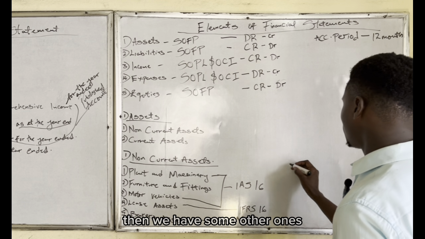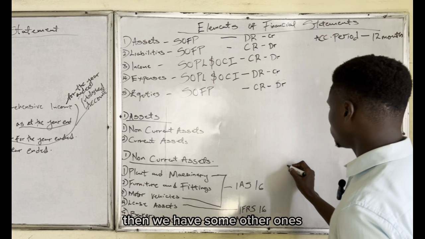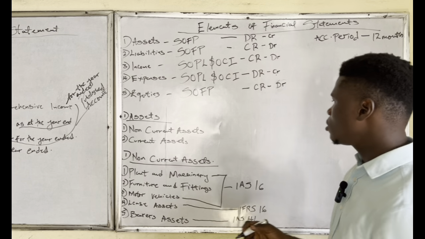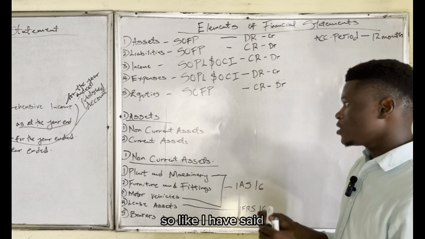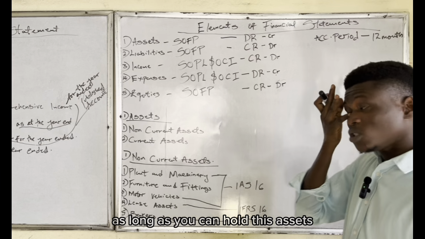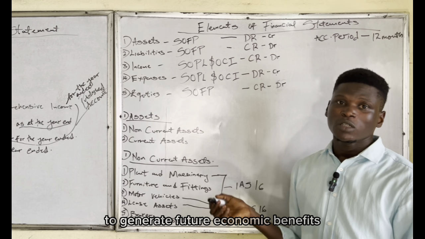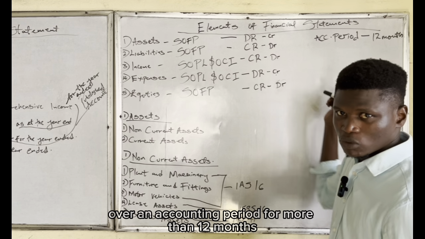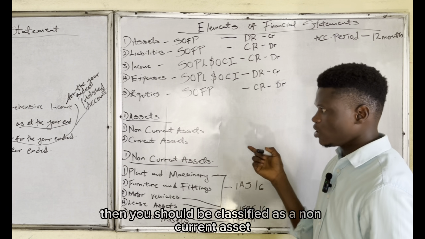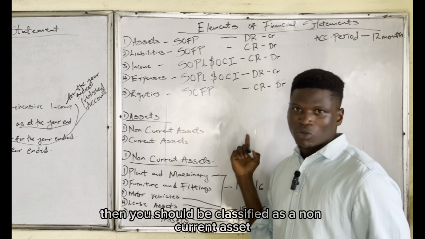Then we have some other ones. We still have investment properties, which are also under non-current assets. So like I have said, as long as you can hold these assets to generate future economic benefits for more than 12 months, they should be classified as non-current assets.